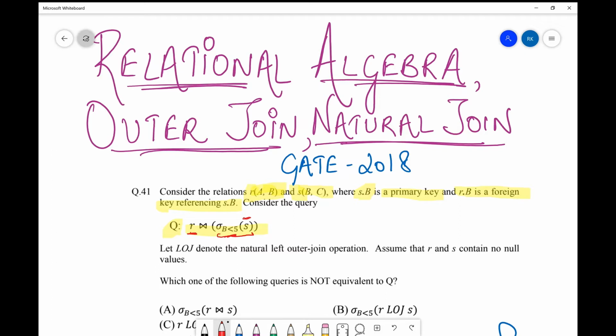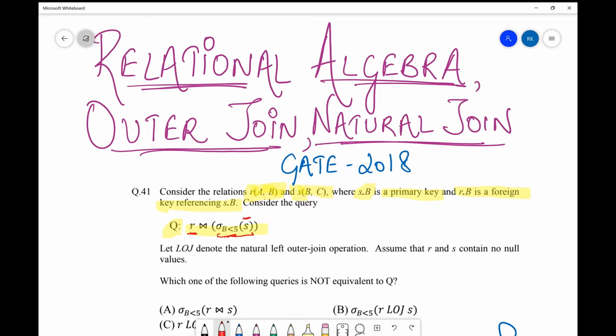Another important thing is that it is a join, but no condition is given. What kind of join is that? Where there is no condition given, there is just a simple join operator, it is always the natural join, and it is performed on the common attribute of both the relational schemas on the left hand side and the right hand side.